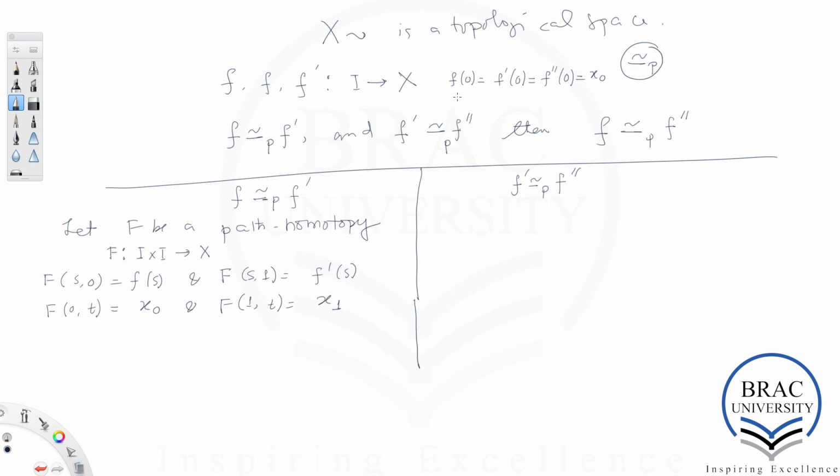And for the final point, we want f of 1 to be equal to f prime of 1 to be equal to f double prime of 1 to be equal to x1, the final point in X. Okay, x0 and x1 are 2 points in the topological space X, big X. Okay, and these four equalities hold for all s, t in the closed interval I.